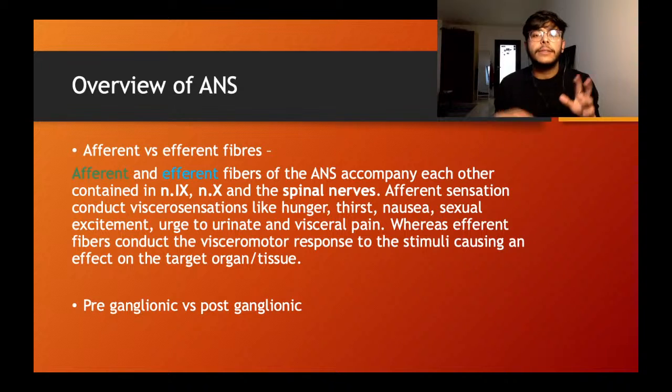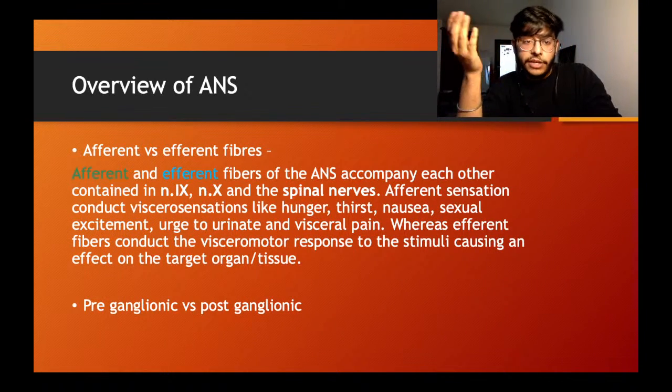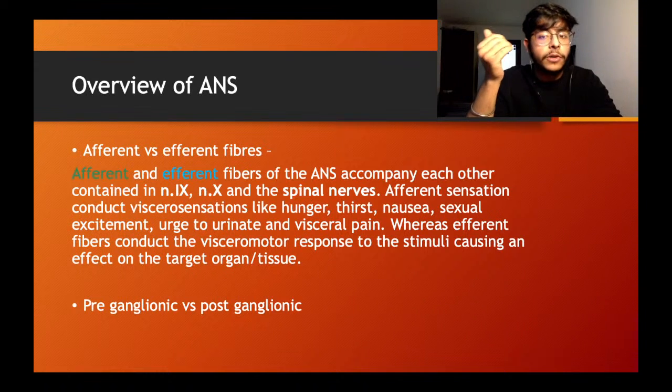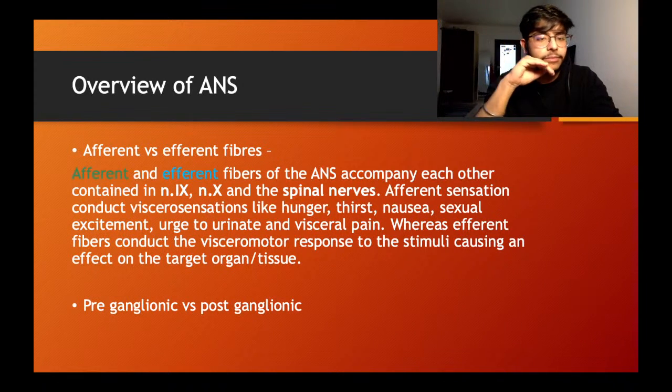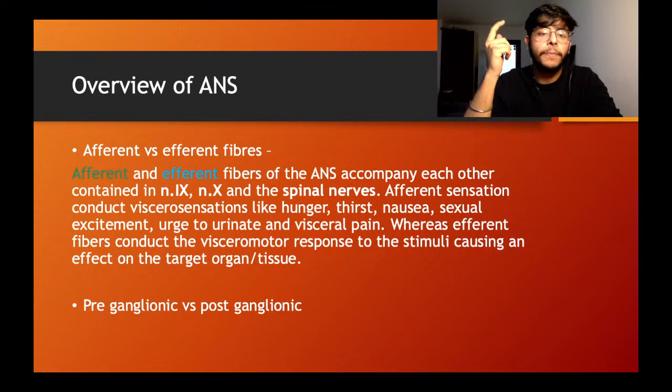All of these feelings and sensations that we gain are from the afferent fibers in the ANS. Now, efferent causes visceromotor responses, and again, none of these are under your control. The brain just knows exactly what to do.